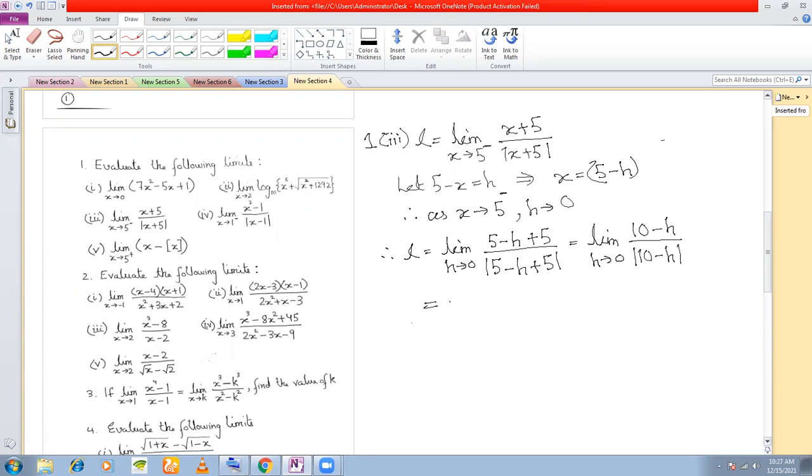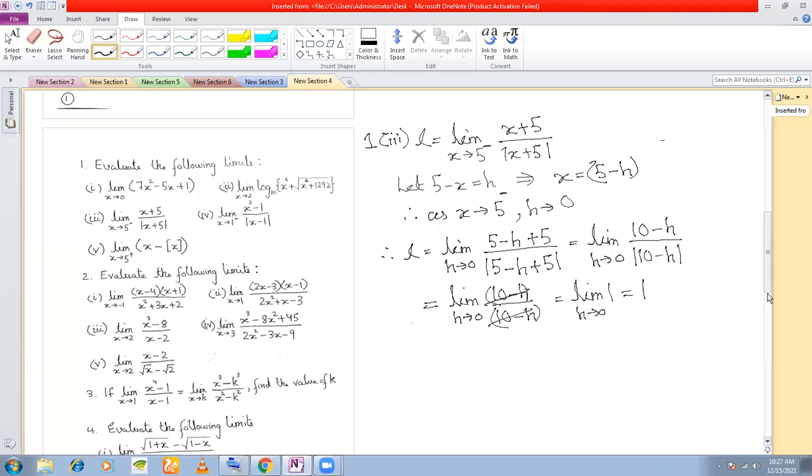So therefore, mod 10 minus h must be positive. That means now we can remove the mod from the denominator because 10 minus h is positive, right? So what happens here? Both of these cancel. So you're getting limit h tends to 0, 1 simply, which is equal to 1. Okay. Let us see the next one.